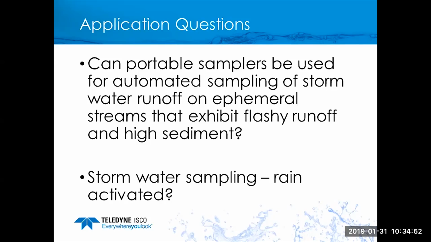So on some devices, you also have to have that external device. The 6712, for instance, or the Avalanche can take that direct rain gauge input. Other ISCO samplers can also be set up to trigger a sample routine based on rainfall and or level by use of an external device. So really, any ISCO sampler with the appropriate hardware can be configured to be activated based on a rainfall condition.